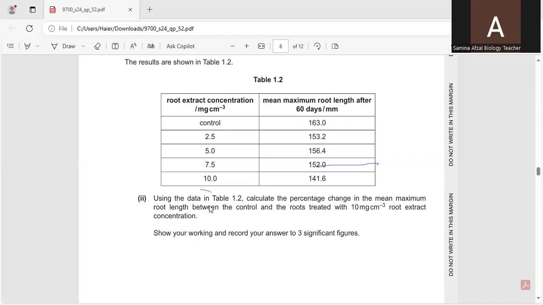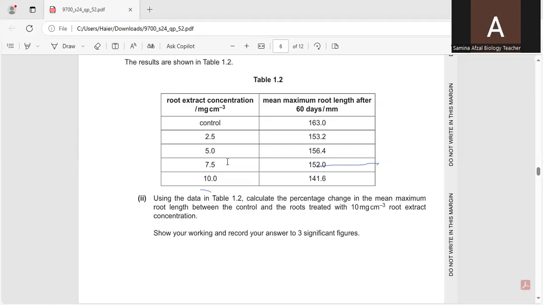So using the data in table 1.2, calculate the percentage change in the mean maximum root length between the control and the root treated with 10 milligrams per cubic centimeter root extract concentration. Show your working and record your answer to 3 significant figures.